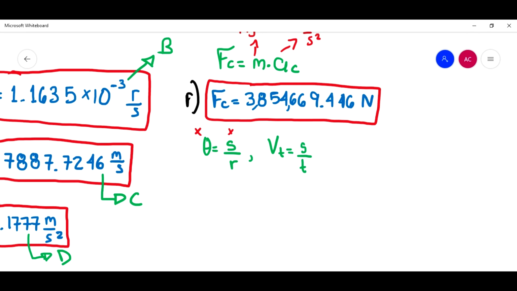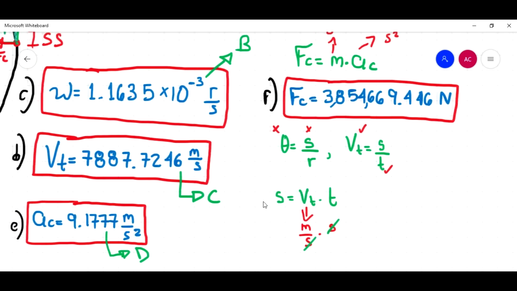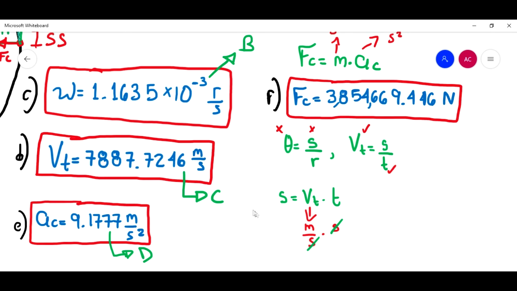Okay, so I got the tangential velocity that I just found, and I got the time. So I'm going to use that equation in order to find the distance. So distance equals the tangential velocity that multiplies the time, and the units are going to be meters per second multiplied by seconds, and seconds is going to be cancelled, and the answer is going to be in meters.